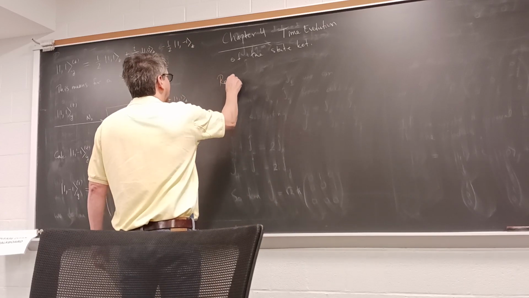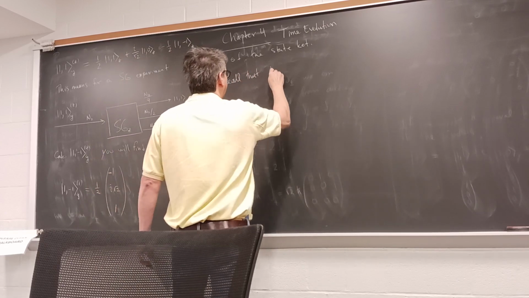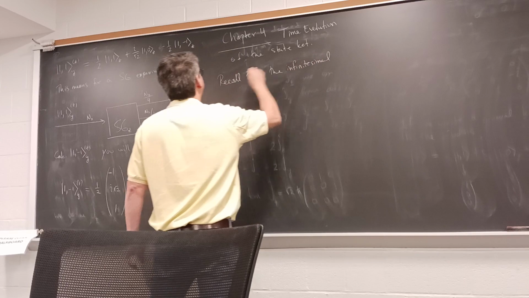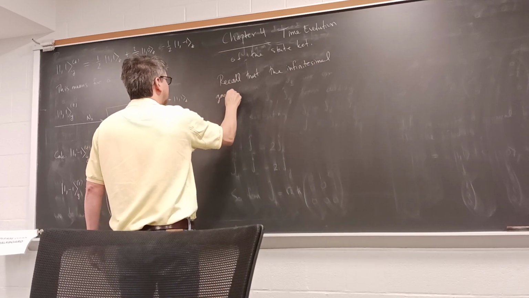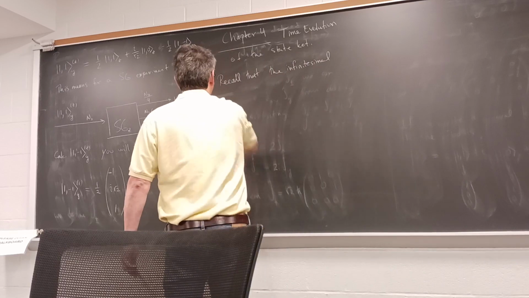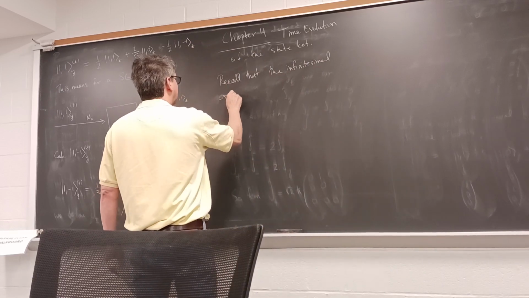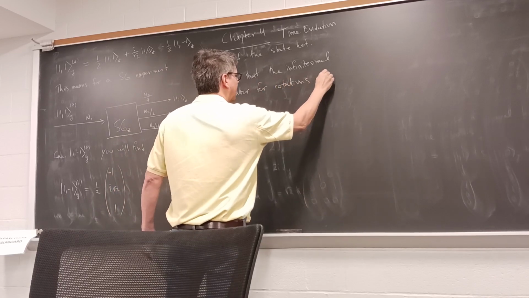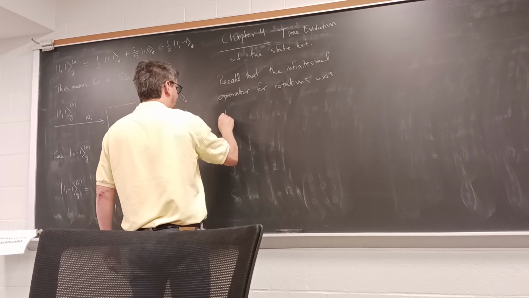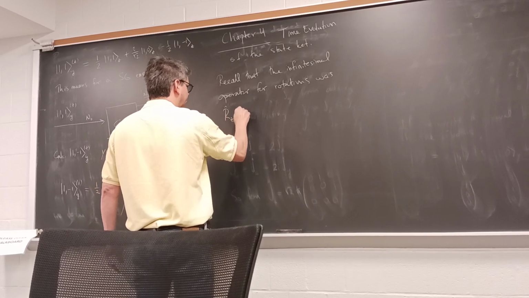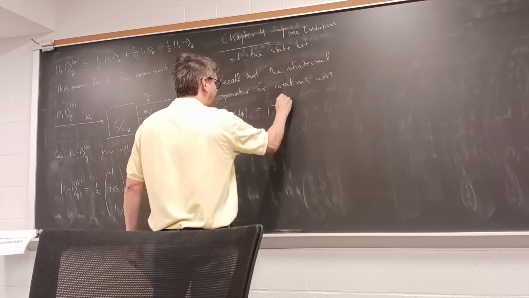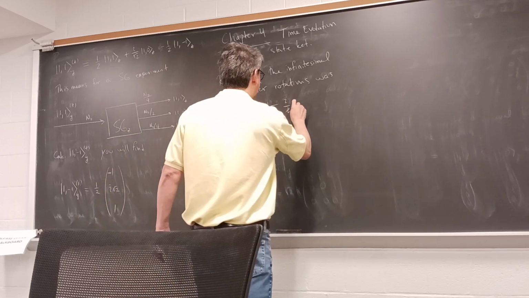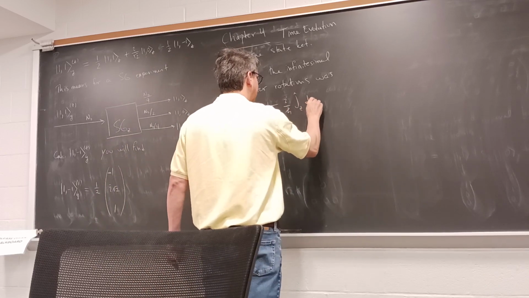So recall that the infinitesimal operator for rotations was given by R_z of d phi, and we said that was 1 minus i over h bar times the generator J_z times d phi.